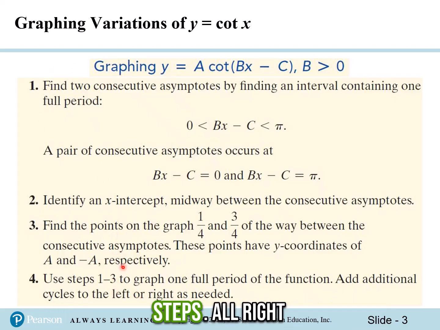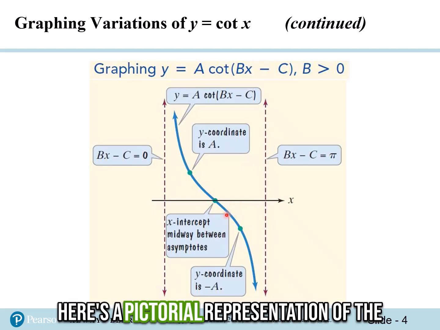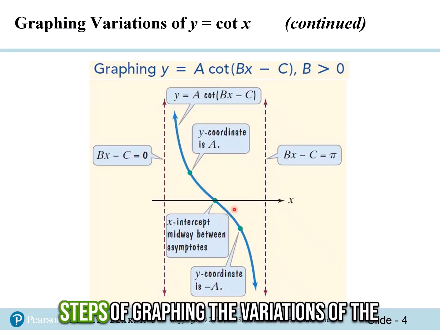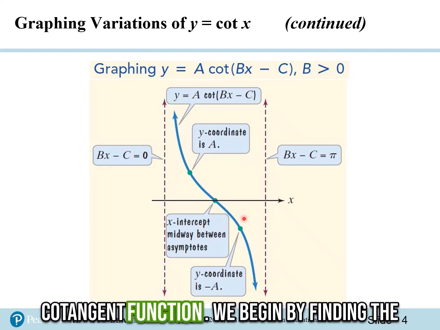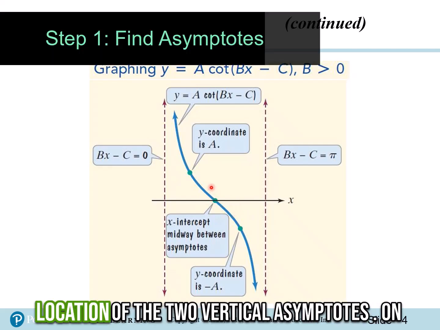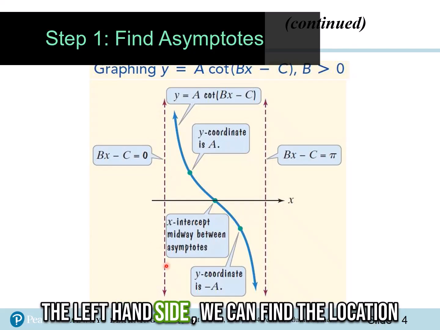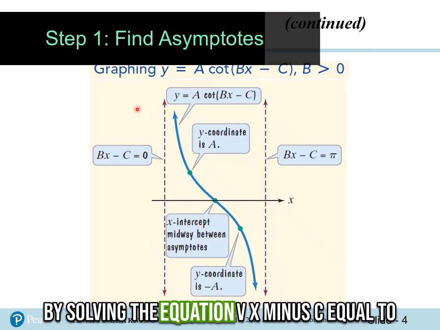All right, here's a pictorial representation of the steps of graphing the variations of the cotangent function. We begin by finding the location of the 2 vertical asymptotes. On the left-hand side, we can find the location by solving the equation bx minus c equal to 0.